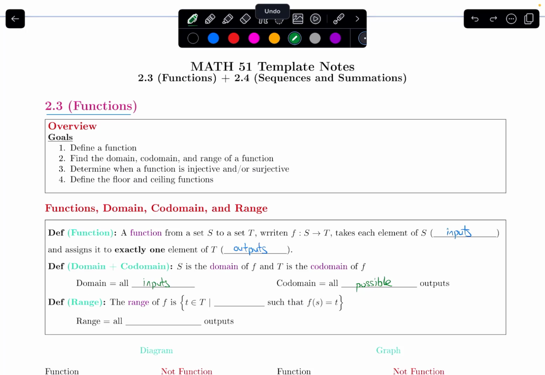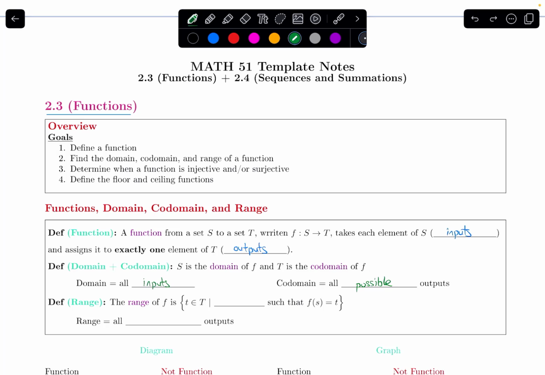So what's range? The way I read this is the set of elements lowercase t in my set capital T. The vertical line means such that, so the set of elements in capital T such that I need there to be an input S that gets me t as an output.